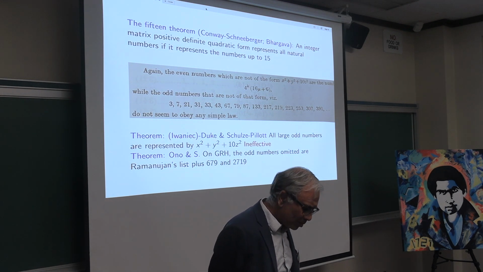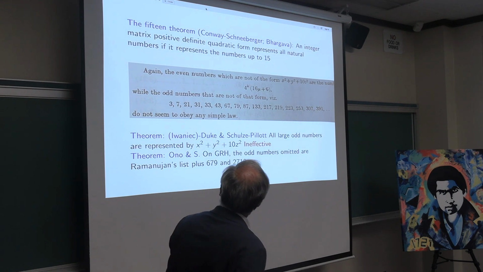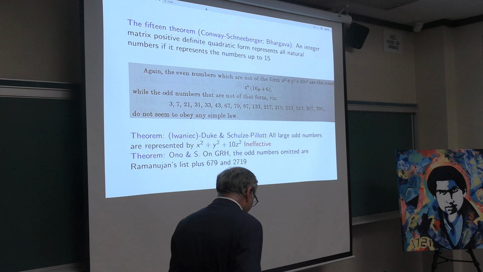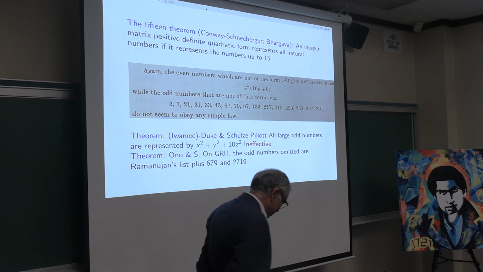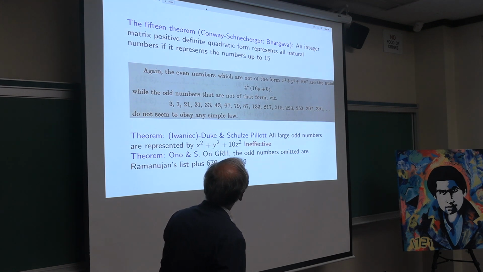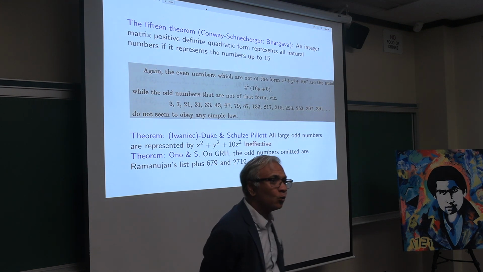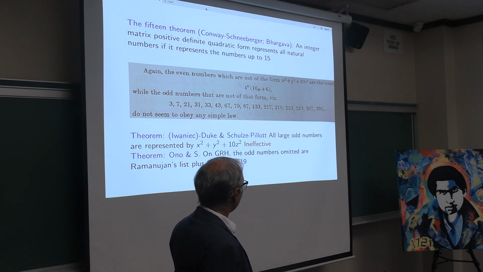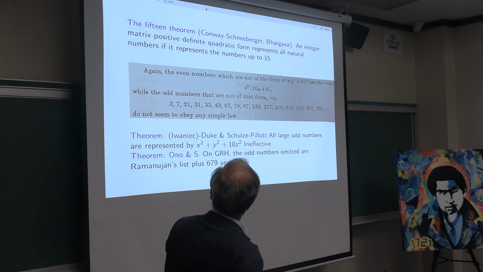And in this paper, Ramanujan had a remark about quadratic forms in 3 variables, which is a very mysterious subject. He says, for this particular form, x squared plus y squared plus 10z squared, you can figure out what even numbers are not represented in this form, but the odd numbers, he says, do not seem to obey any simple law.